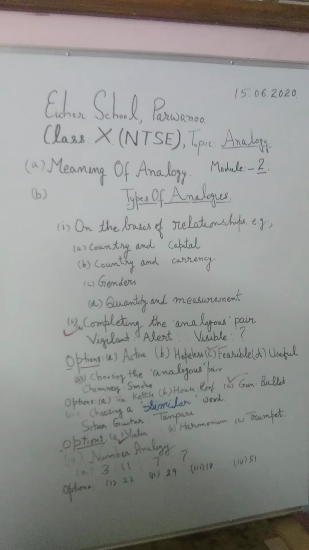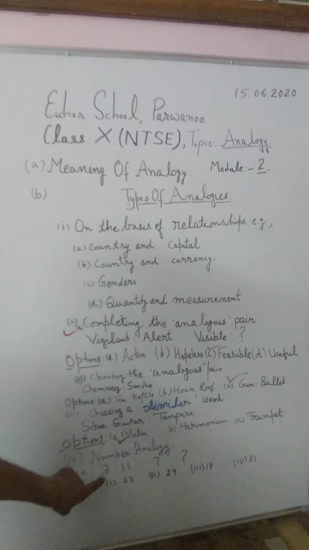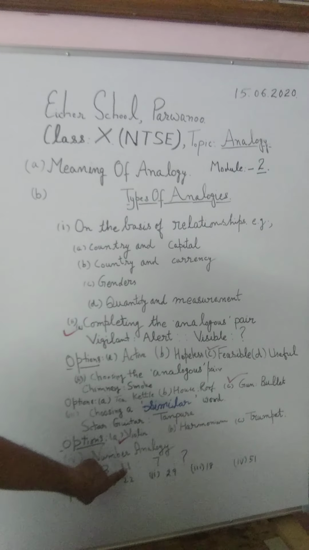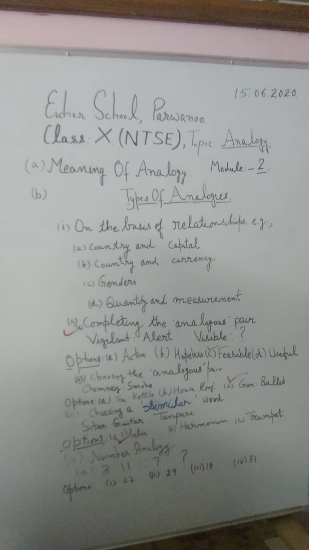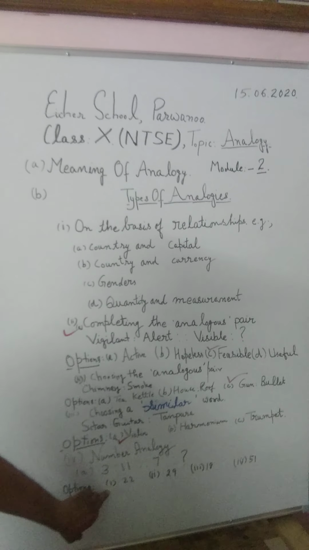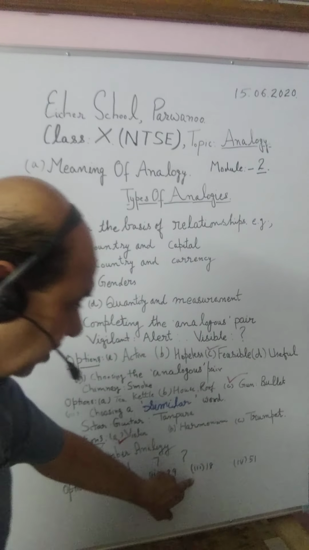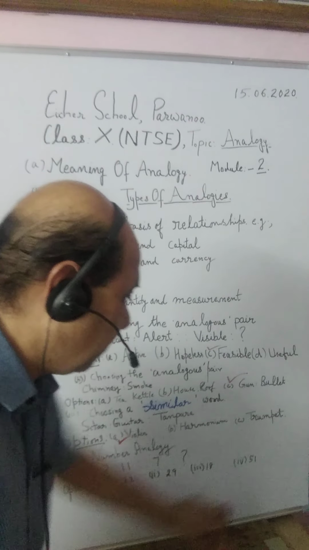Next we come to number four, that is number analogy. This is a very important concept in our studies because here, maximum questions come in the form of digits. For example, here 3 ratio 11 is proportionate to 7 ratio what number? Now if we see carefully, four options are number 1, 22, number 2, 29, number 3, 18, and number 4, 51.